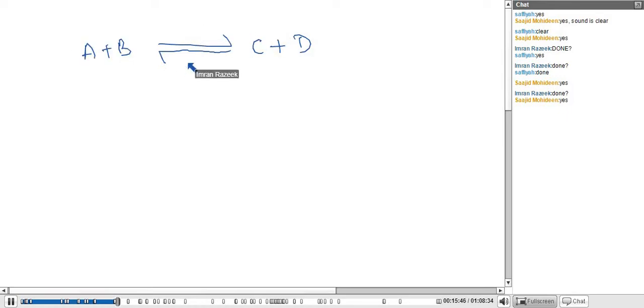Because these two rates are the same, you will not see any change in the reactants or the products.